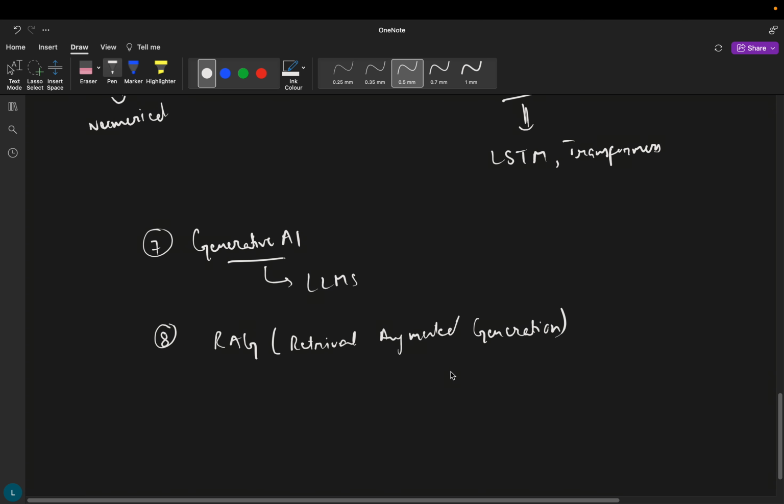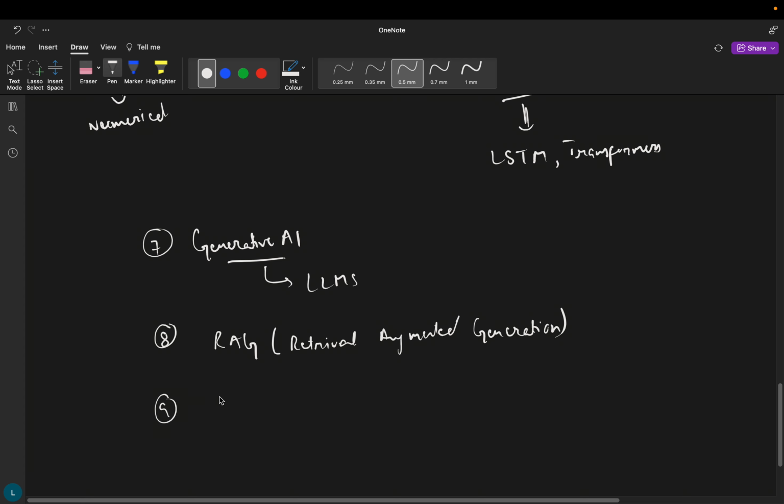So you are going to use RAG. RAG converts the data into vectors, finds the similarity between the vectors and returns the output accordingly. So this is also an advanced concept that comes under generative AI, or after generative AI we can also say.